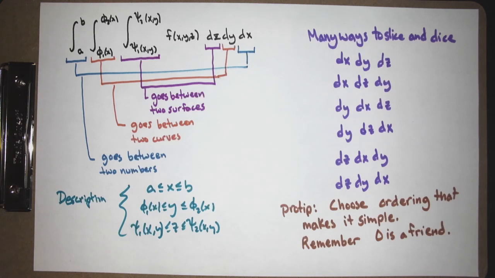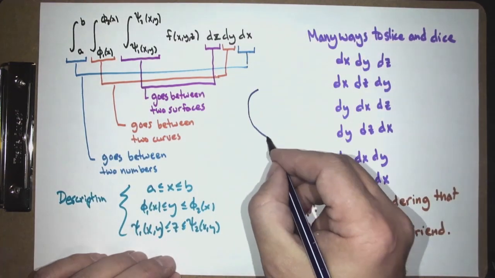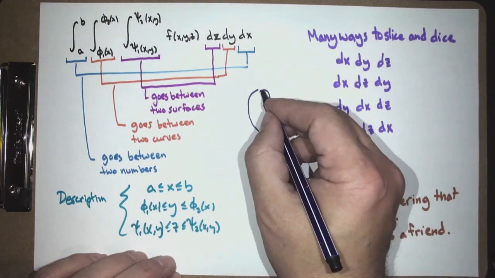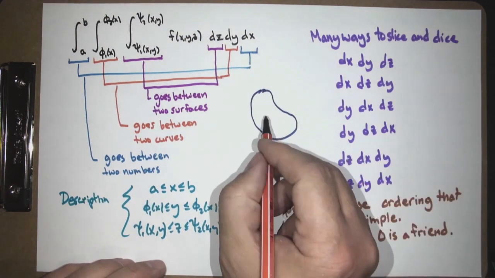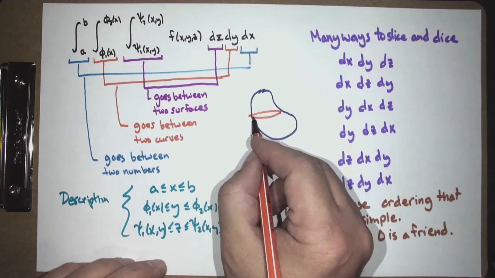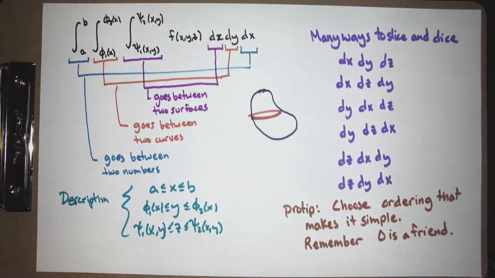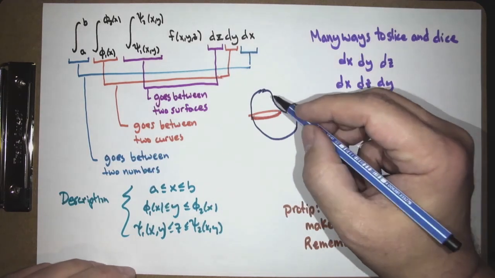Now, in addition to saying how do we describe it, there's another thing to keep in mind. There are many ways that we can slice and dice. So we talked about slicing our solid. If our solid has some sort of navy bean shape here, well, we talked about taking a slice in the z direction. But that's not the only way we could have taken a slice. We could also have sliced in, say, the y direction.